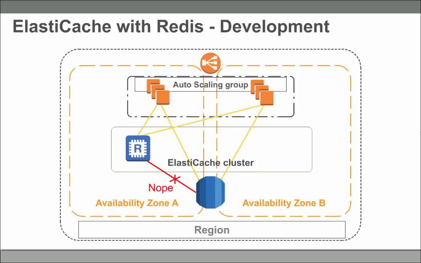So this is a simplified app architecture. You see the EC2 instances running your application as the orange squares, behind the ELB, the Elastic Load Balancer layer on top. Then the application is connecting to ElastiCache for Redis. So you see that one node in availability zone A. And then in this diagram there is another database, which is DynamoDB.